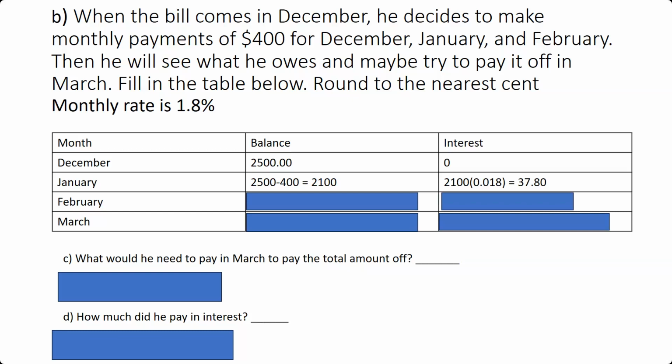Does anyone want to say the balance in February? So we take our 2,100 plus the interest, the 37.80, and we subtract our $400 payment. So we get 1737.80.